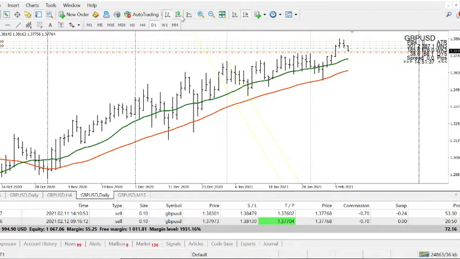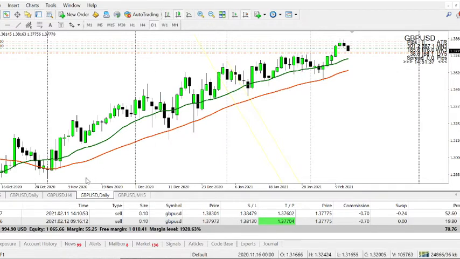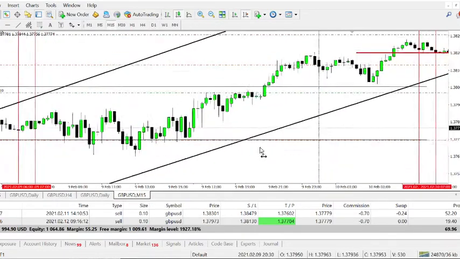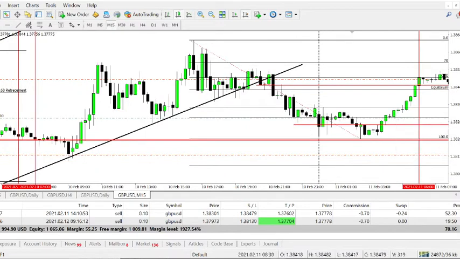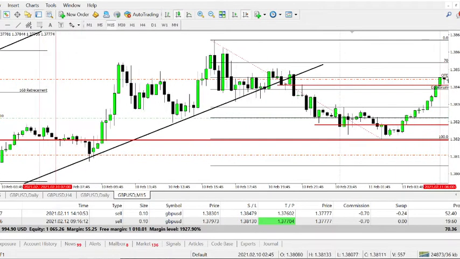Those are the concepts I learned from ICT, and looking at those concepts, I came to find that I could also trade the same strategy at this region.